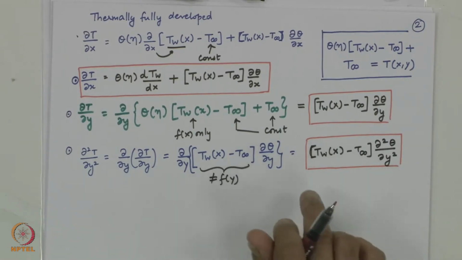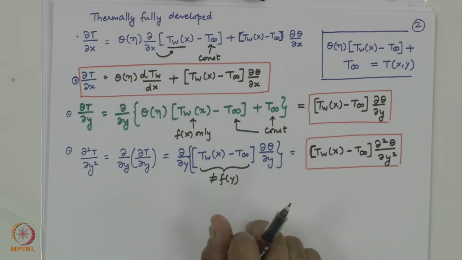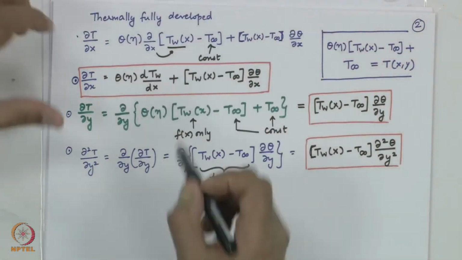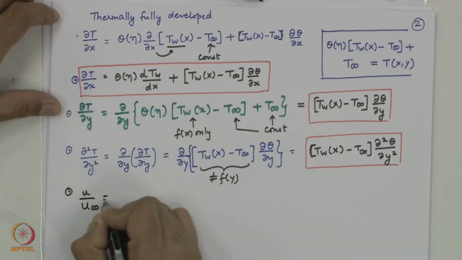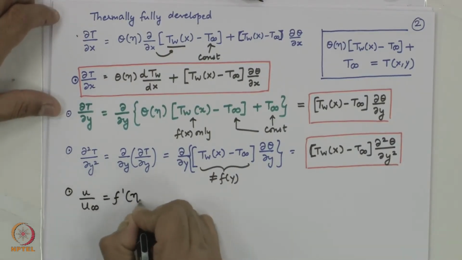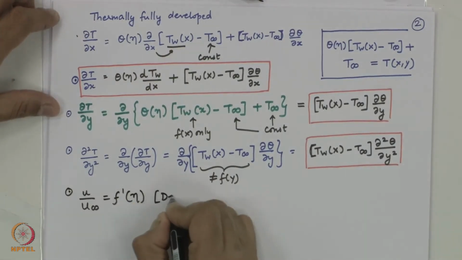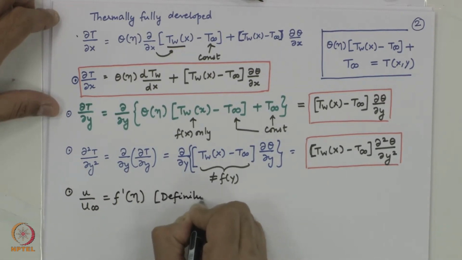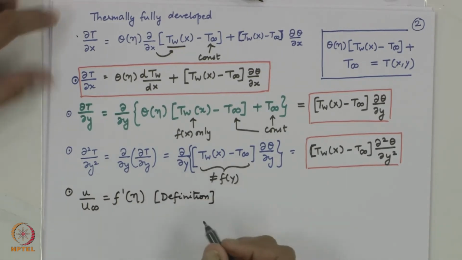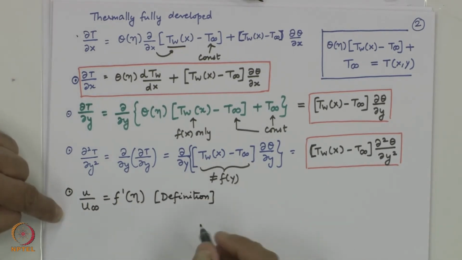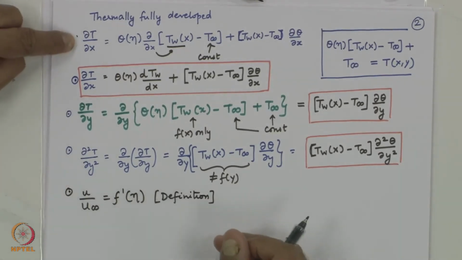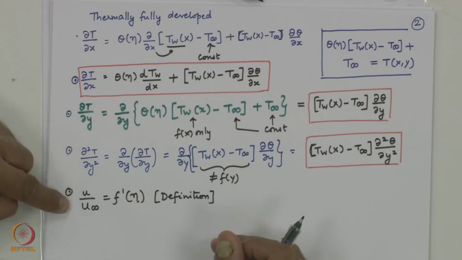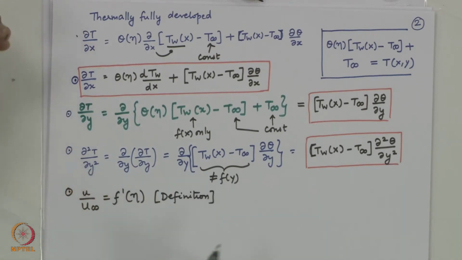So, I have got these three quantities, and then I also have u by u infinity is f prime of eta. This was my definition. I hope you remember that. And this is where the momentum equation gets coupled. So, you have u dt by dx, that also is going to have f prime of eta into u infinity.